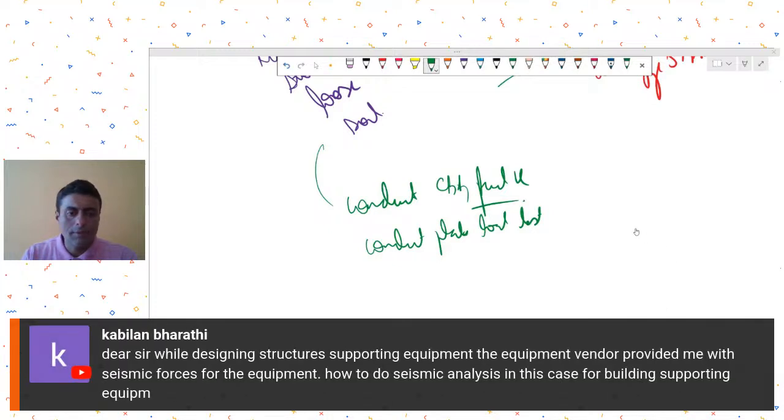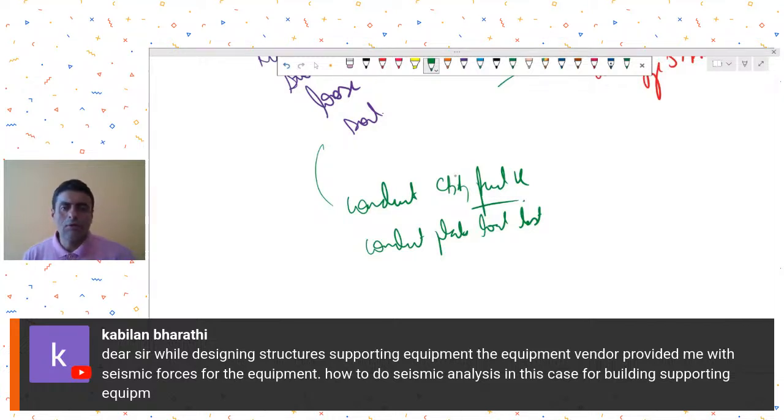Then Mr. Bharti is asking another question: while designing structures supporting equipment, the equipment vendor provided me with seismic forces for the equipment. How to do the seismic analysis for the building supporting that equipment? See, your equipment vendor has already provided you with the seismic forces. That means the equipment supplier has done the analysis and provided you with the seismic reaction.